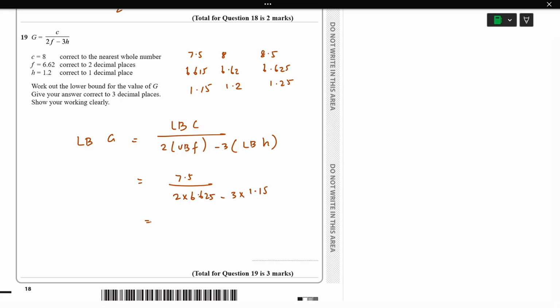So the final answer, 7.5 over 9.8, which is equal to 0.765306 something. They said round to 3 decimal places. So the answer is 0.765.